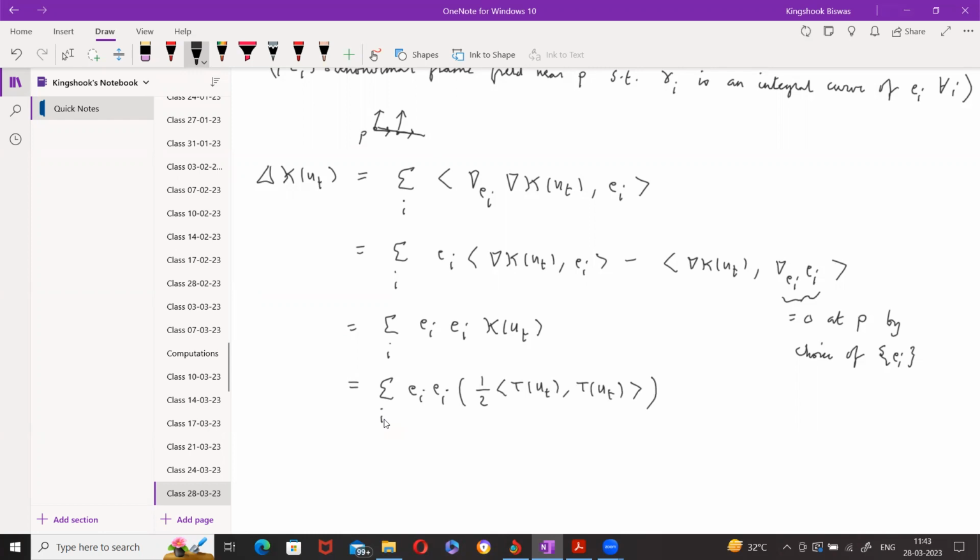And so now when I take EI applied to this, by the metric compatibility, when I apply the first EI to this, I'll get half times 2 times nabla EI of tau ut, inner product tau ut. So this gives me EI of nabla EI tau ut, inner product tau ut.